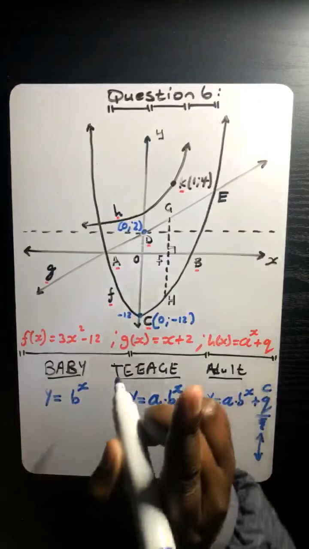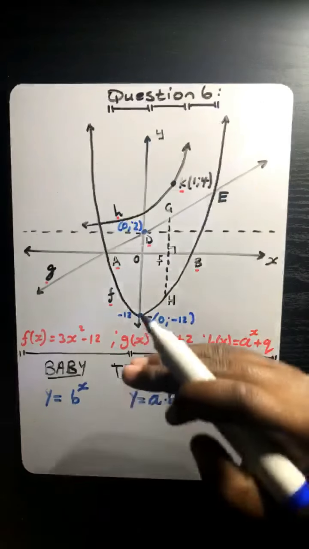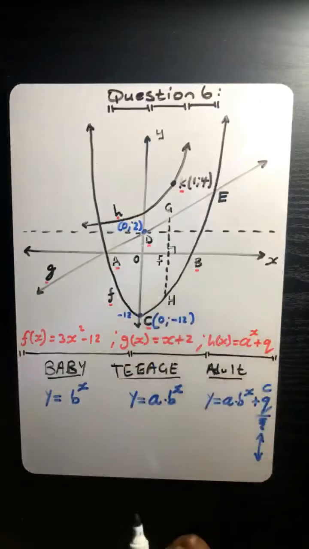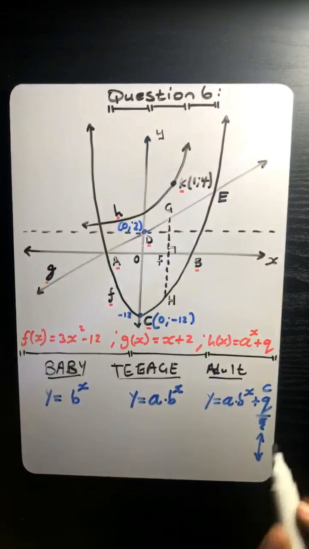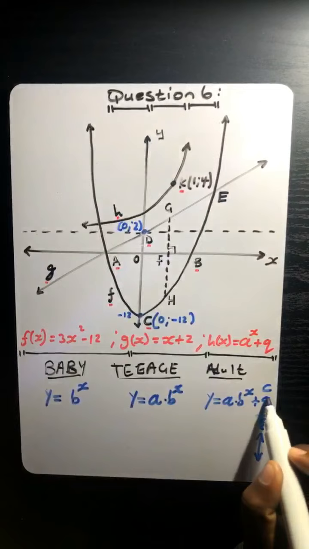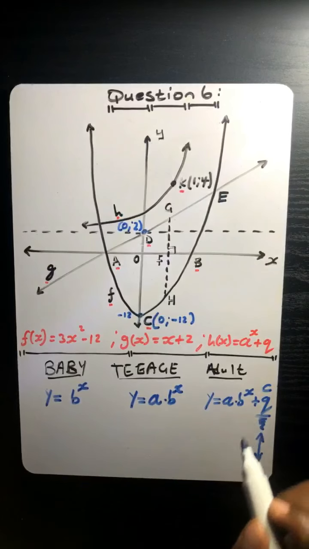In functions, it represents the vertical shift, which means the function can shift upwards or downwards. Now, Lerato, let's have a quick discussion. I want you to correct your wrong response. So, if you say Q represents the vertical shift, it's fine. I'm in agreement with you on that one.